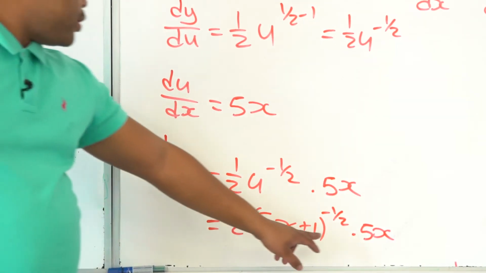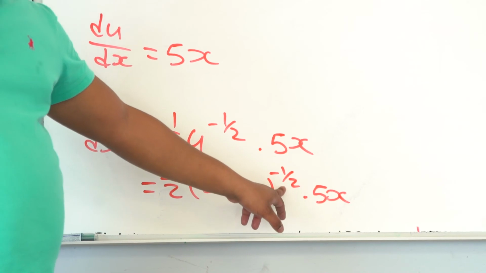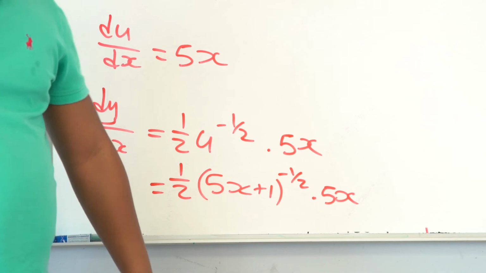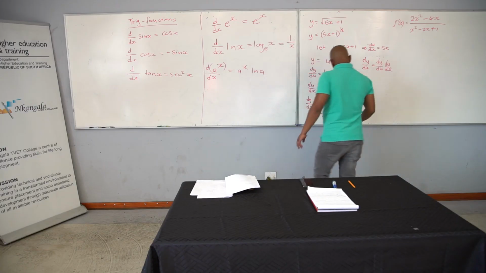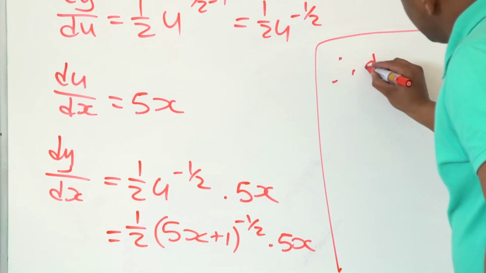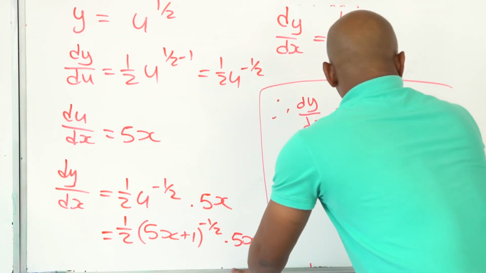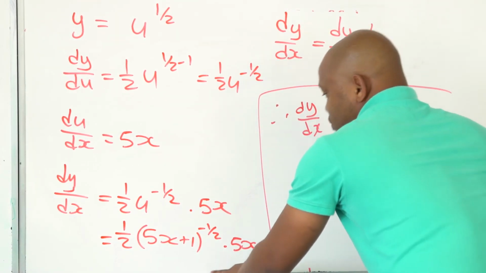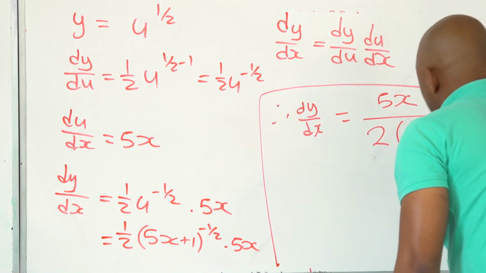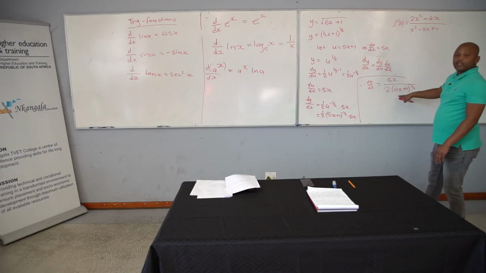Guys, always remember to avoid having negative powers. So we want to write this as a positive half. How are we going to do that? We're going to take it to the bottom of the equation. Therefore, dy over dx equals 5x all over 2 times 5x plus 1, everything to the power of, it's positive now because we took it to the bottom.